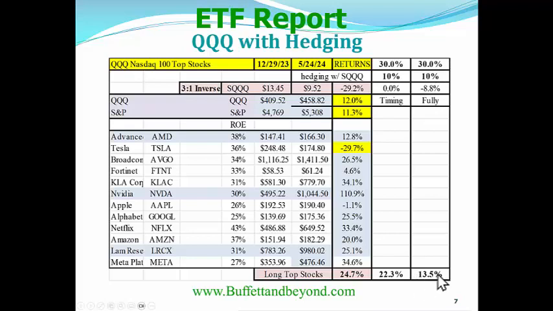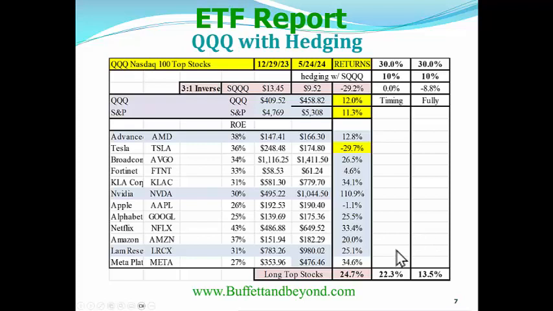So if we were hedged 30% all the time, we're still returning 13.5%, which is more than the S&P 500. It's even more than the ETF itself, the QQQs. And we have less volatility than either the QQQs or the S&P 500. So this is pretty nice, folks.